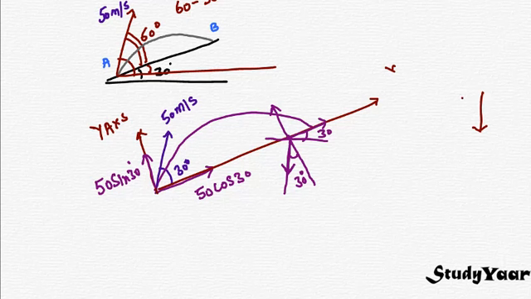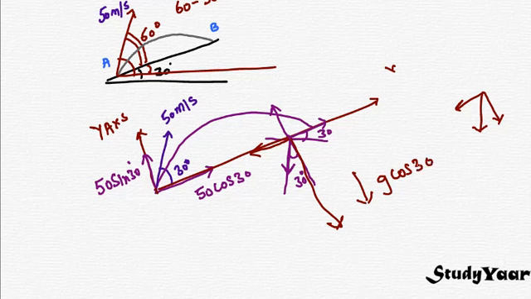It is going to have a component like this and a component like this. A component in this direction is going to be g cos 30.